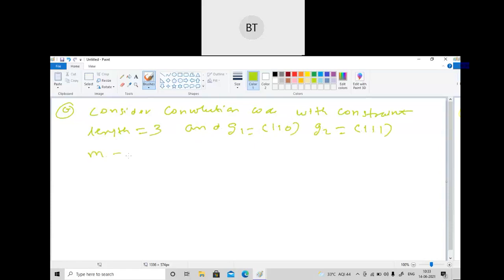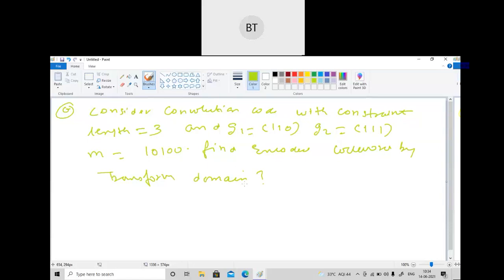The message signal is given as 10100, and they have asked you to find the encoded code word by transform domain.